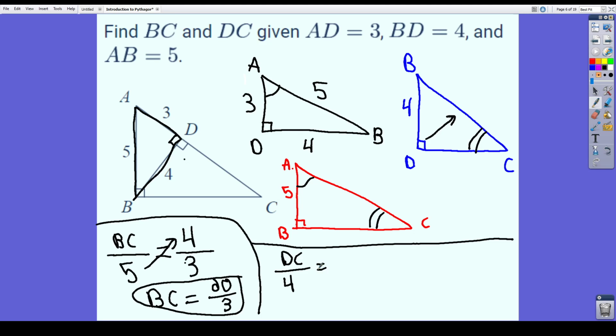And I must set that equal to the same ratio we used for BC, the 4 over 3, because I know that that is consistent. Multiply the 4 times the 4, and we will get that DC is equal to 16 over 3. And that is that missing side. And that is how you can solve a problem involving similar triangles with right angles.